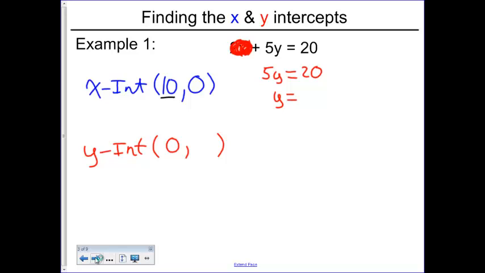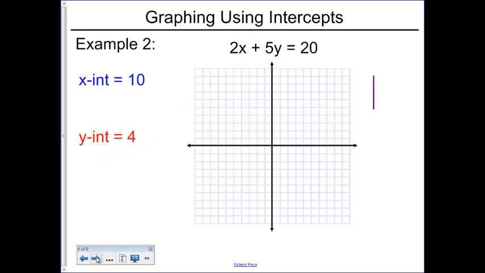Y equals 4. Now the y-intercept itself is actually just the number 4, but its location in terms of x and y on the graph is 0, 4. And those are 2 locations on the graph, the x and y intercepts. So if you want to graph them, all you need is 2 points. You can draw your straight line.